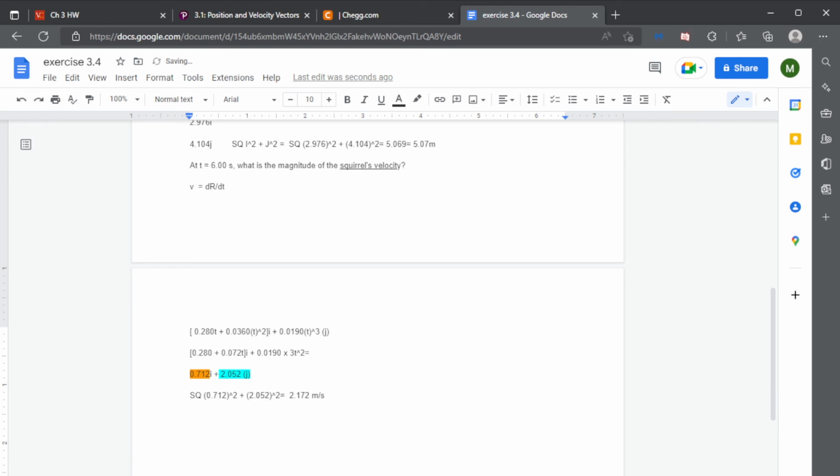Let's take care of the stuff inside the arctangent. This will equal 2.882, which we need to put in our arctangent. So arctangent of 2.882 equals 70.86.